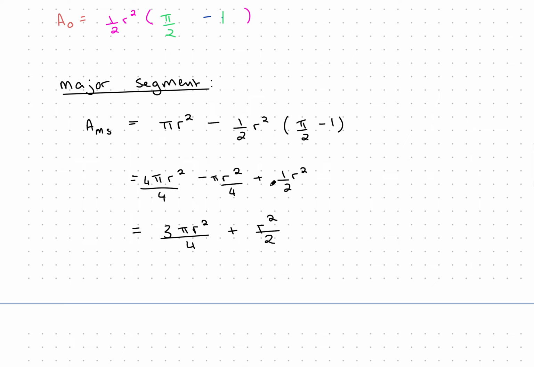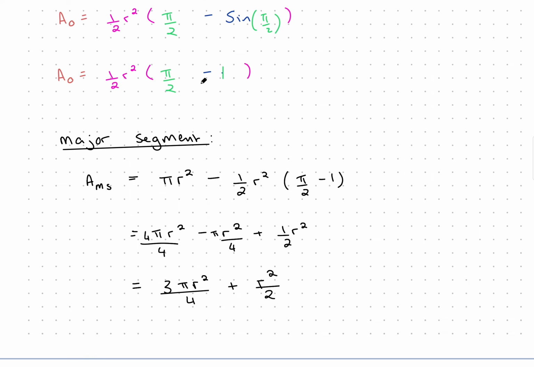Now we're just being asked to compare this to this one. So we're looking to get a comparison of the two. What might help is to factorize out r squared over 2, or a half r squared like we have up here, because it might speed it up a lot when we get there. That's going to leave 3 pi over 2 plus 1.